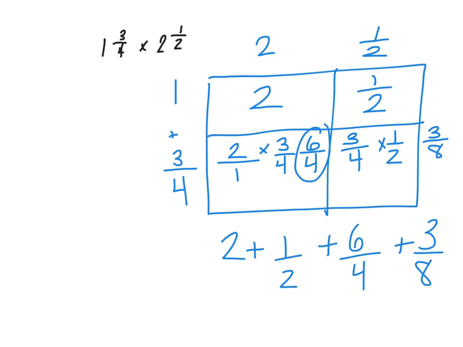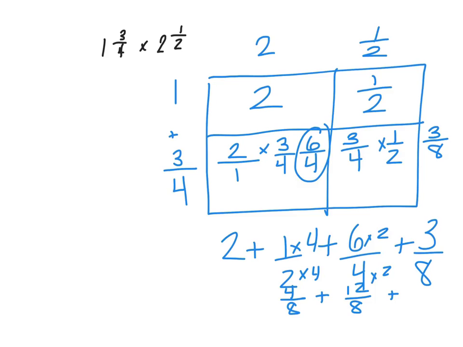All right, hopefully you can see that you could make them all have a denominator of 8. So if I make 1/2 have a denominator of 8, 2 times 4, 1 times 4, 4/8. 4 times 2, 6 times 2.